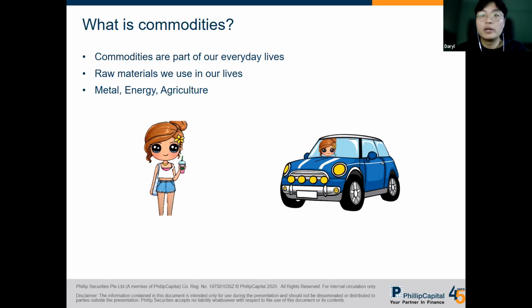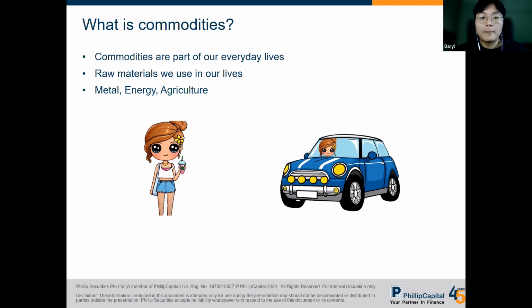So what is she holding? She's holding a cup of coffee, which is also another commodity. Girl being girl, she likes to dress up. So she'll buy those jewelries, gold, silver, which is also another commodity. When she goes shopping, she will either drive or take a public transport. This transport is also operated by oil, which is also a commodity.